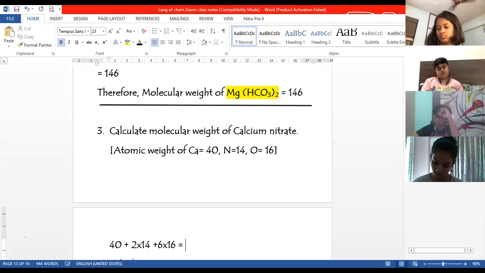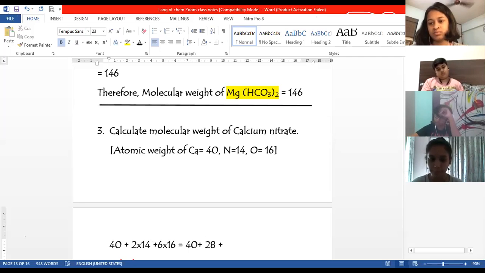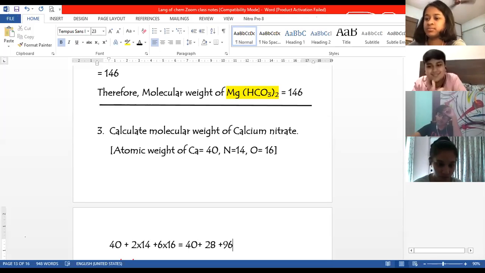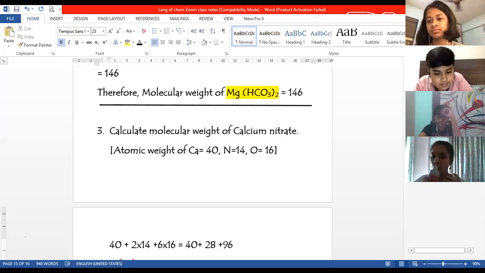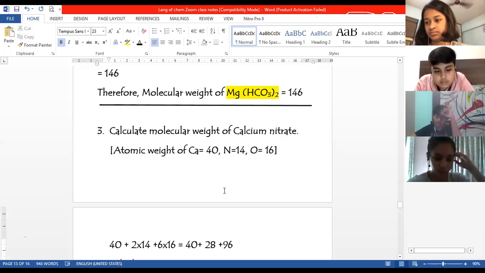So we have 40, plus 14 into 2 is 28, plus 16 into 6 is 96. Add it up and you get 164 as the answer, and this is how you get 164.